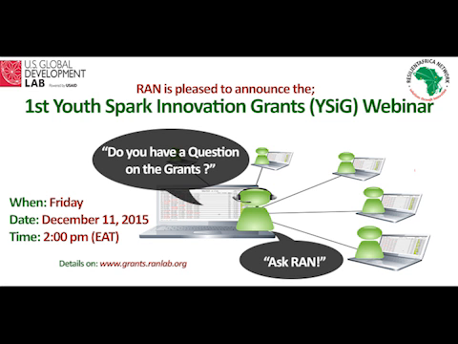So in essence, your first level is looking at how good is the proposal in and of itself, and that is at the university level. At the RI lab level, the issue is more around how well does it fit along the lines of the thematic area. And then the third level will be at the RAN Secretariat and USAID level, where we are really looking to ensure that everything that this call has set out to do will be done.